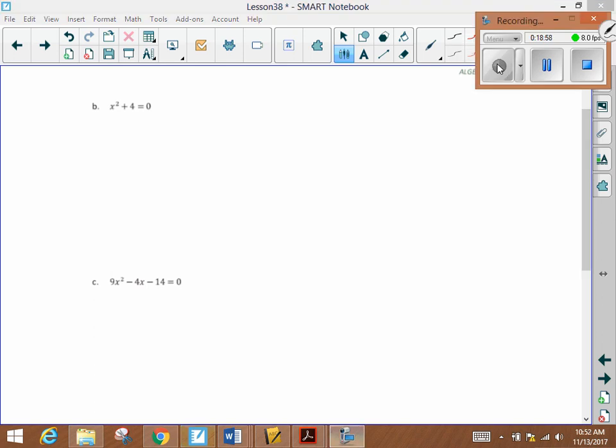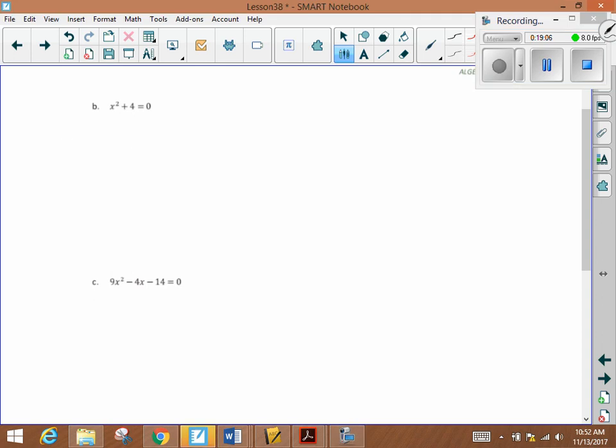Our discriminant here is going to be 0 squared minus 4 times 1 times 4, which is going to be equal to negative 16. So our discriminant is negative 16.